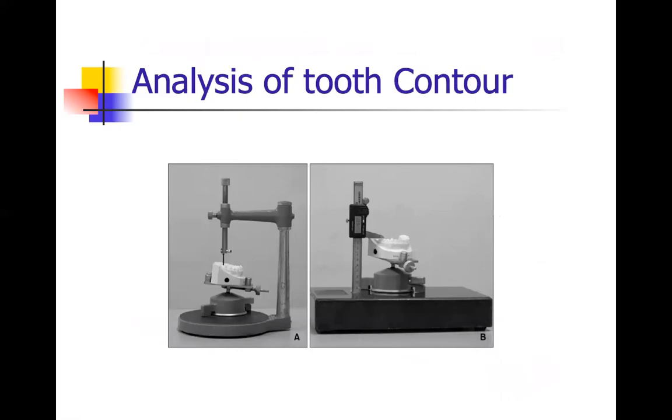It is also important to know what the height of contour, or point of maximum convexity, is. This critical area of an abutment that provides retention and stabilization can only be identified with the use of an instrument called a dental cast surveyor.